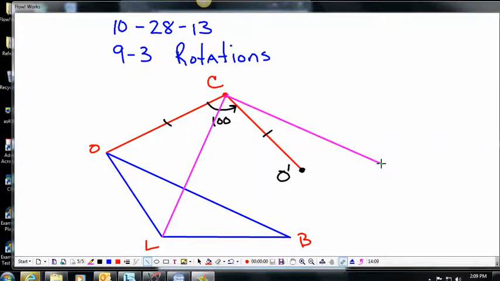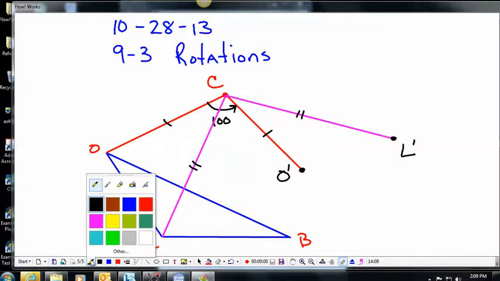Okay, that looked like about 90, so we'll go a little bit more and make it 100. So now what's this point going to be? That's going to be your L prime. Good. L prime. And this is the same as this, isn't it? And what's that angle measure? 100. Good.